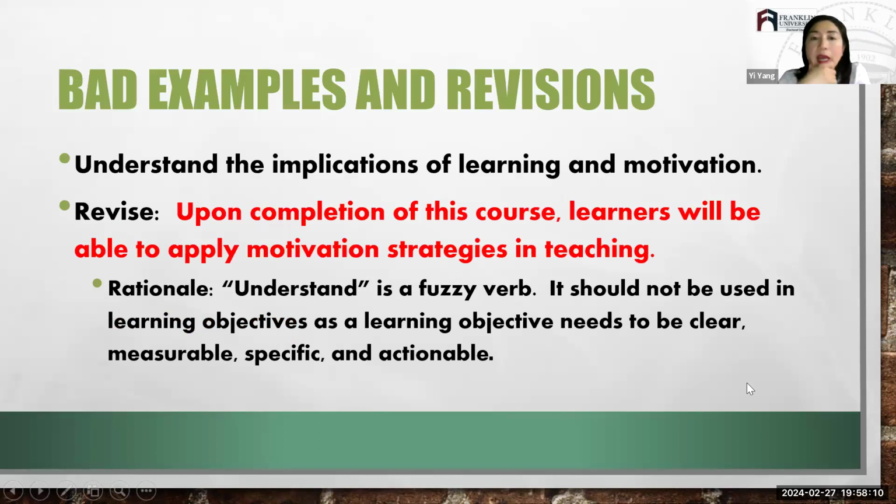This outcome also does not have a condition. If you look at the ABCD model, right, it also does not have an A, audience, and does not have a C, condition. So what you would revise is: upon completion of this course, learners will be able to apply motivation strategies in teaching, because the original outcome is not clear.